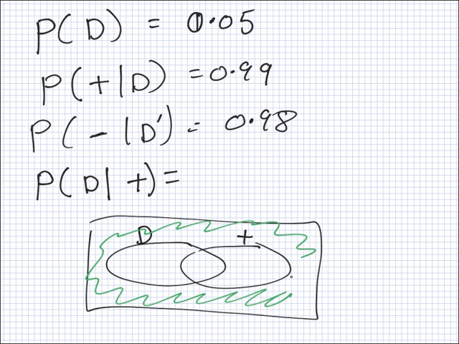Where else is good? Good-ish. If you have the disease and you tested positive. This is good. If you're here, what does this mean? This means you have the disease and you get a negative result. That we agree is quite bad.